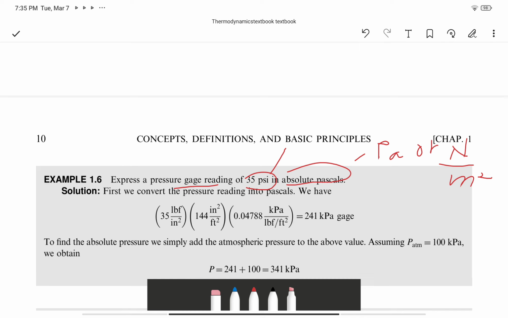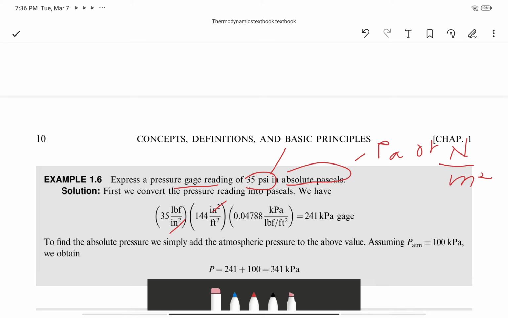Multiplied by, what you do is your target is to cancel out this inch square here. So you have to convert inch square to foot square in order for you to cancel out square inch. So let's do that.